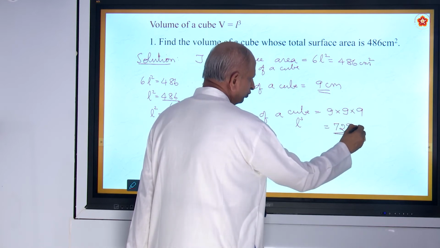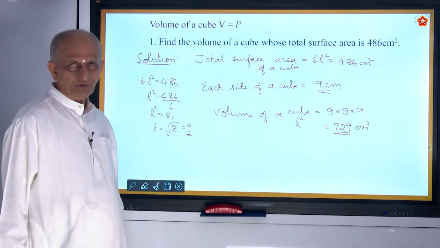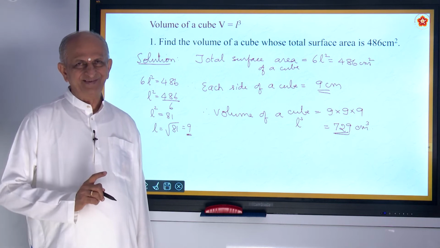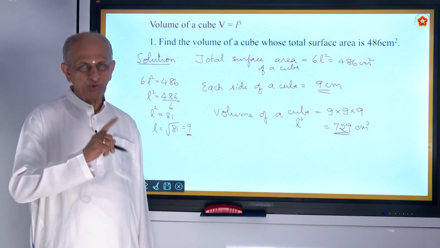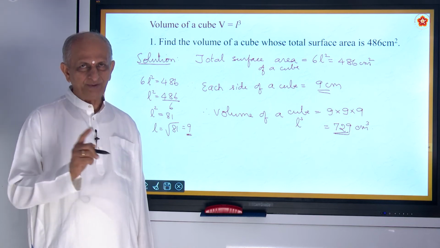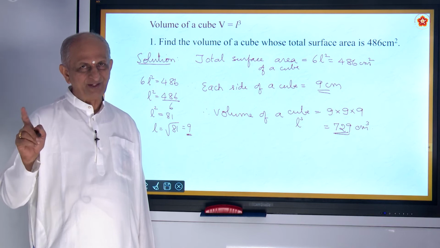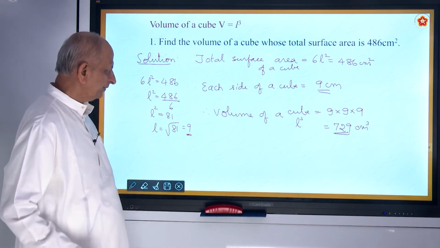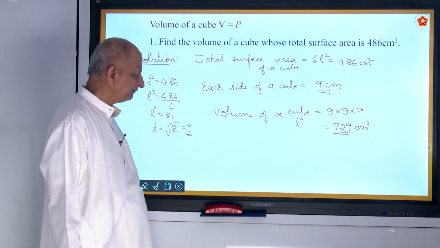So much of cubic centimeter. So how many of you know cubes from 1 to 10? You have to learn by heart. 1 cube is 1, 2 cube is 8, 3 cube is 27, 9 cube is 729, 10 cube 1000.